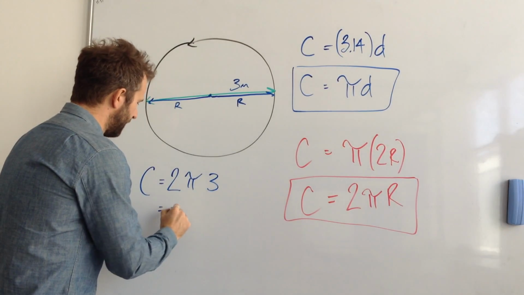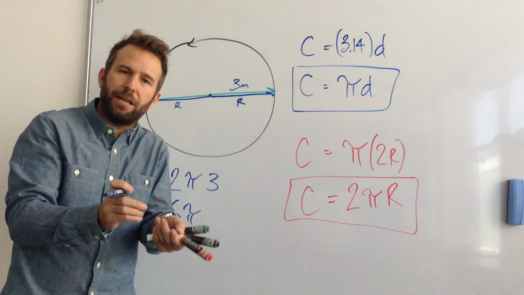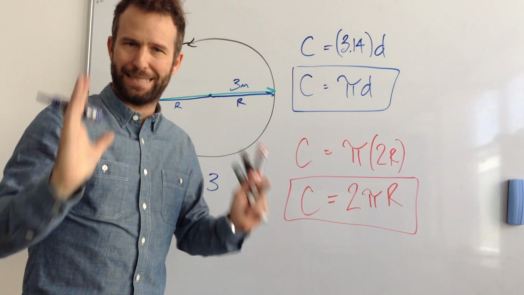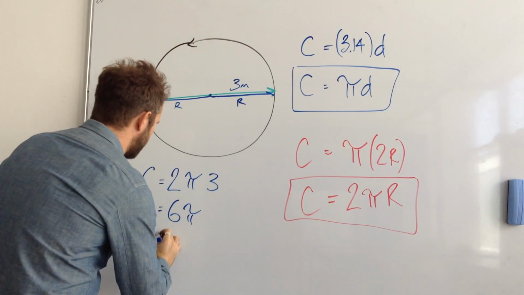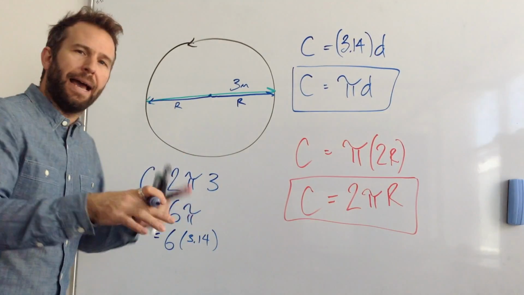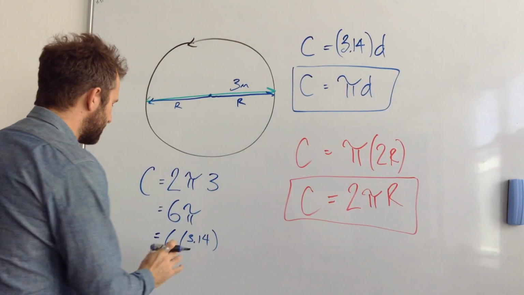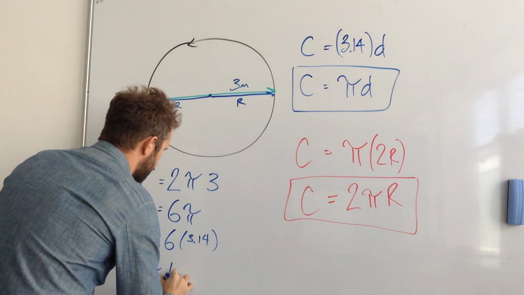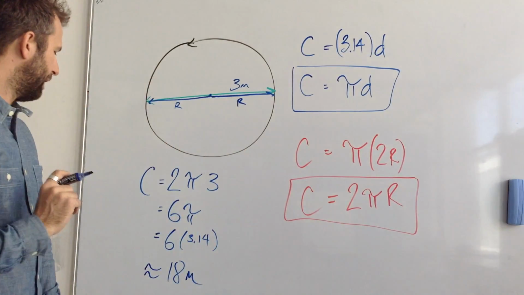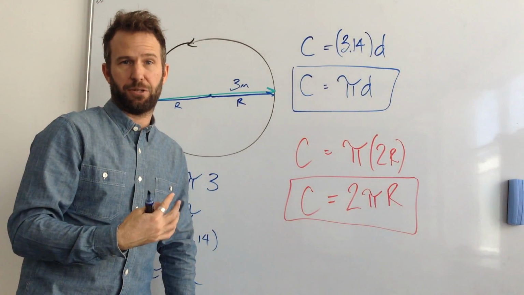So in other words, we have 6 times pi. Now if I have a calculator, I can put the 6 and use the pi that's in the calculator to get more exact. Or I could simply go with the 3.14 and calculate that out. So 6 times 3 is 18 plus some extra, so we're just around 18 plus or minus in meters. So our circumference here is going to be roughly 18 meters.